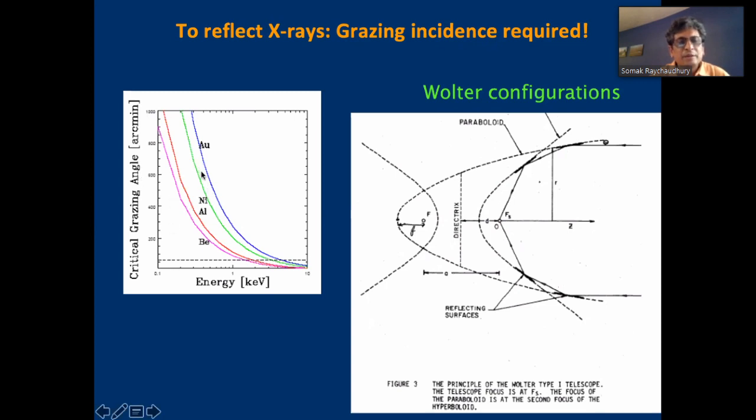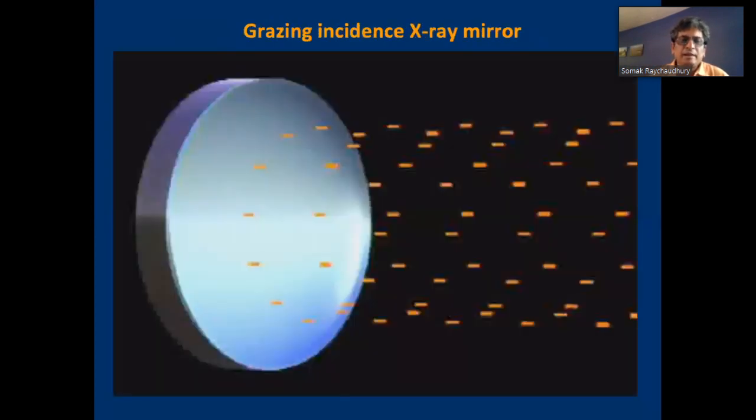For example, if the mirrors are made of gold, then X-ray energies go up to about 3 degrees or so from the surface, and then it's going to go right through. And so you have to have them hit the surface at very low energies and very low angles.